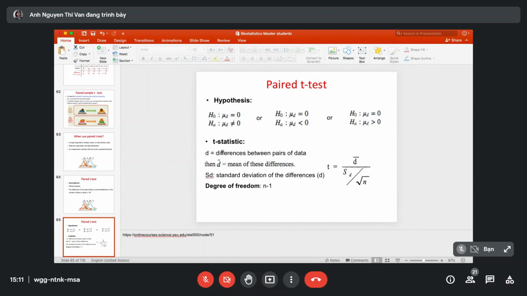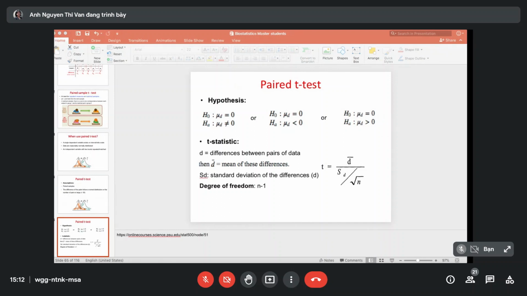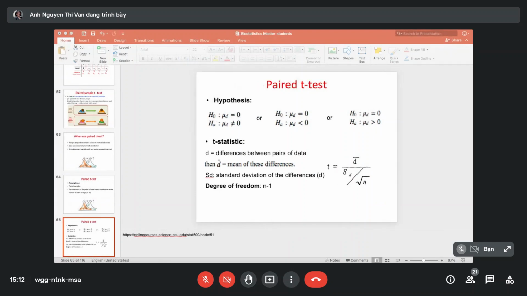If μD is different from 0, what does it mean? Phạm Ngọc Hà. Trịnh Sao Mai.